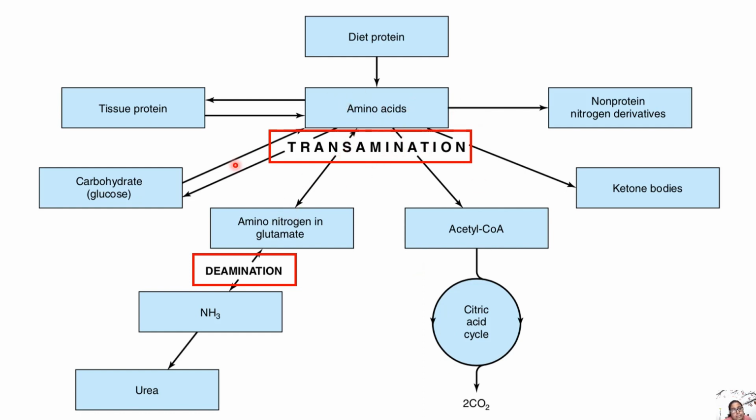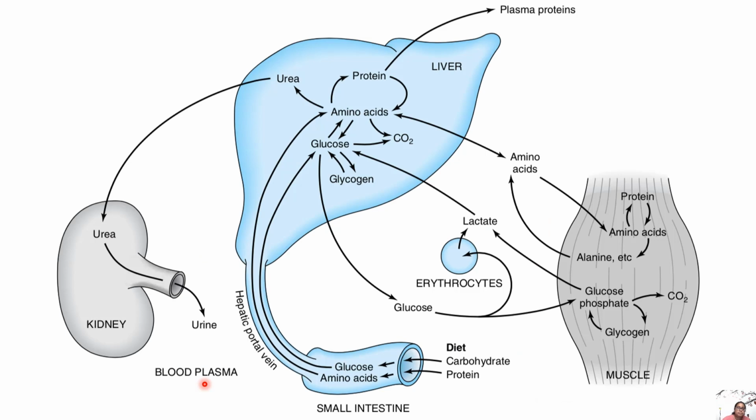These are the basic amino nitrogen; glutamate can be transformed to NH3 by deamination. Acetyl CoA will move forward with the citric acid cycle, but this will move forward with the urea cycle. So this is how everything happens.